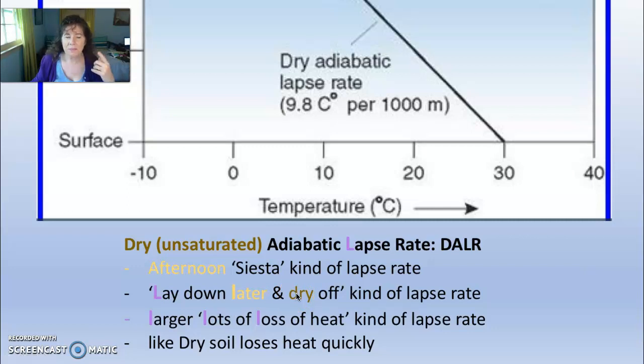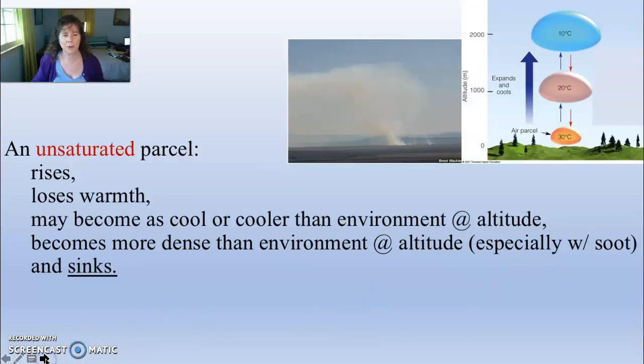And you can think of larger lapse rates, lots of loss of heat on the lapse rate. So this dry adiabatic lapse rate loses heat more quickly, just like dry soil loses heat more quickly. Hope those mnemonics will help you. I've already explained this to you, and I'll meet you on the other side.